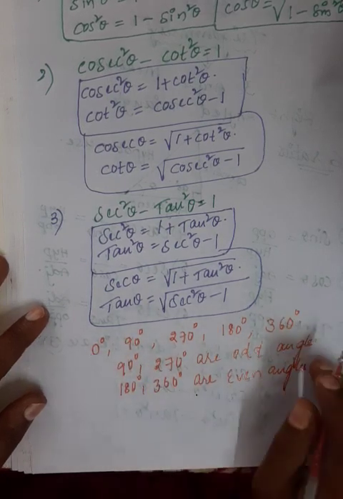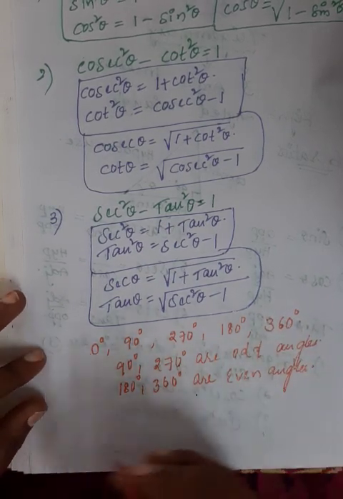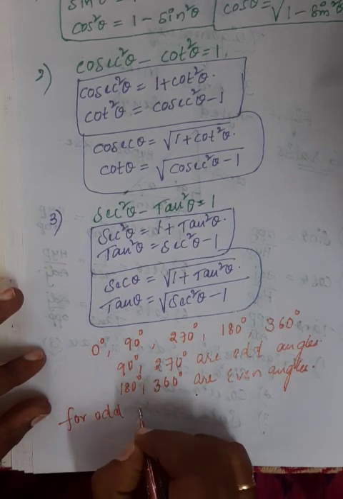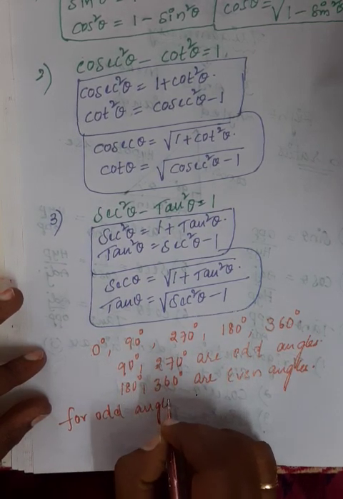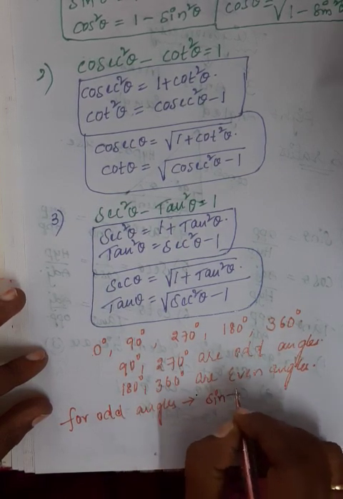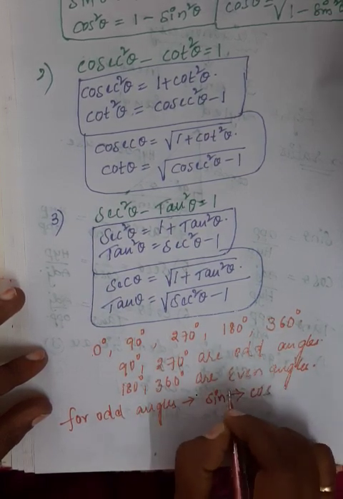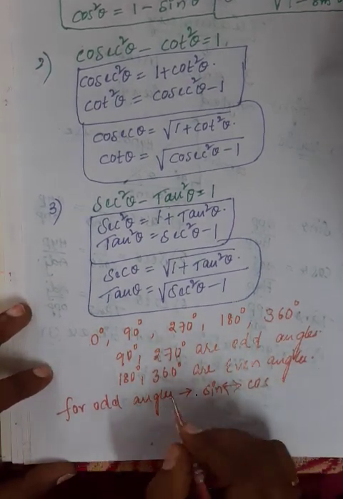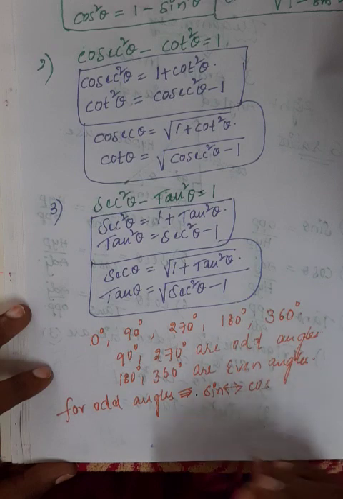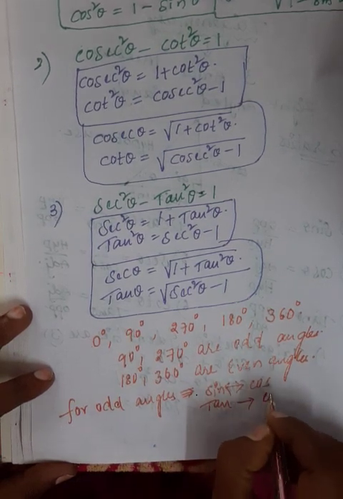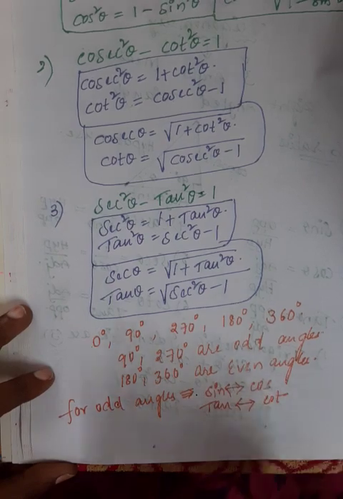So for odd angles, sin changes to cos. Cos changes to sin. Similarly, tan changes to cot, cot changes to tan.